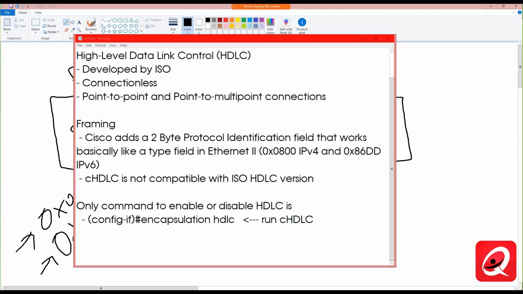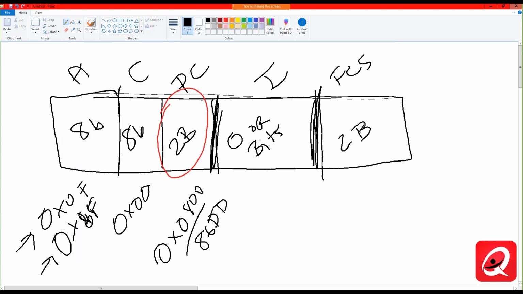Okay. There's no ARP. There's no addressing. The addressing field, as I mentioned, is basically, is it a broadcast or is it a unicast? It is protocol independent, at least Cisco's version is, based on the encapsulation in terms of payload.